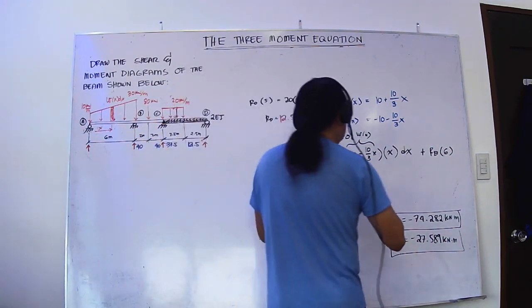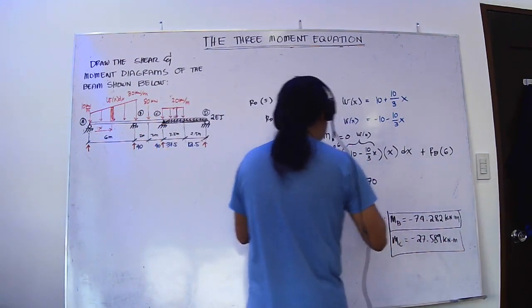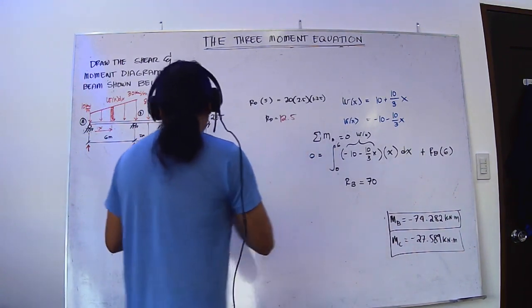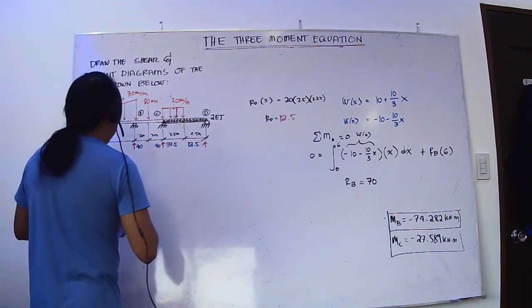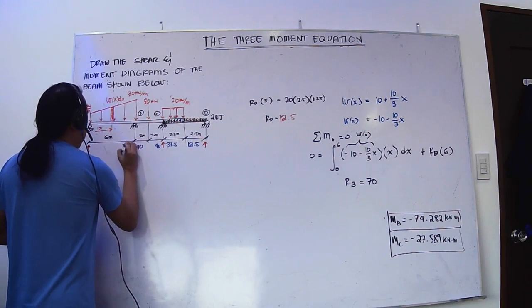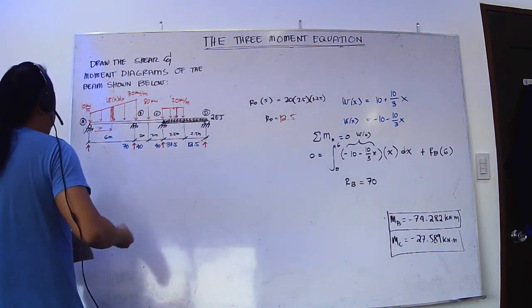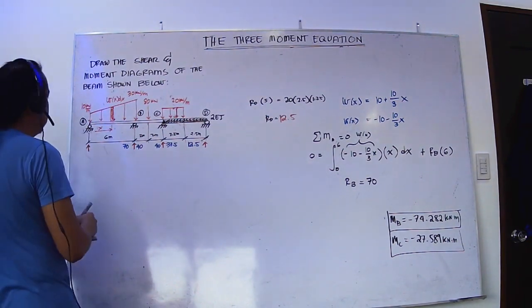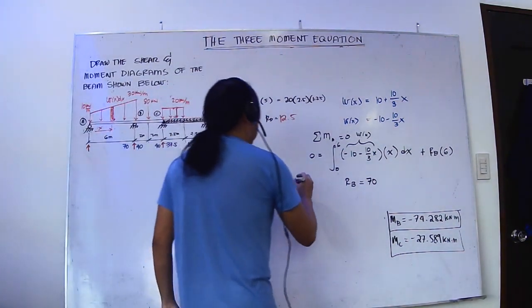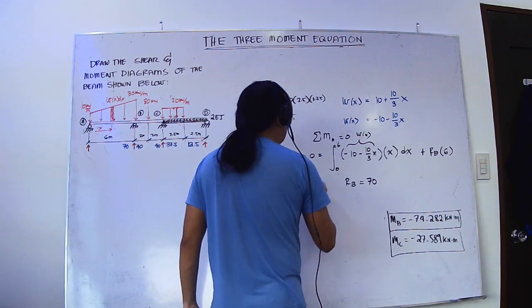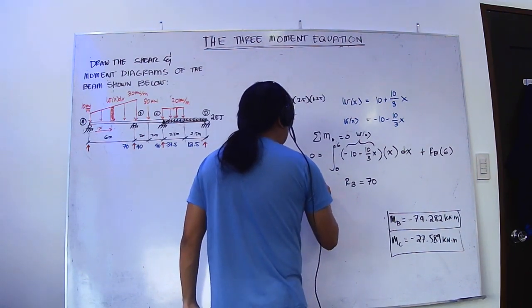70. Okay? RB is 70. Now I would like to solve for the reaction at A. Sum of forces in y equals 0.